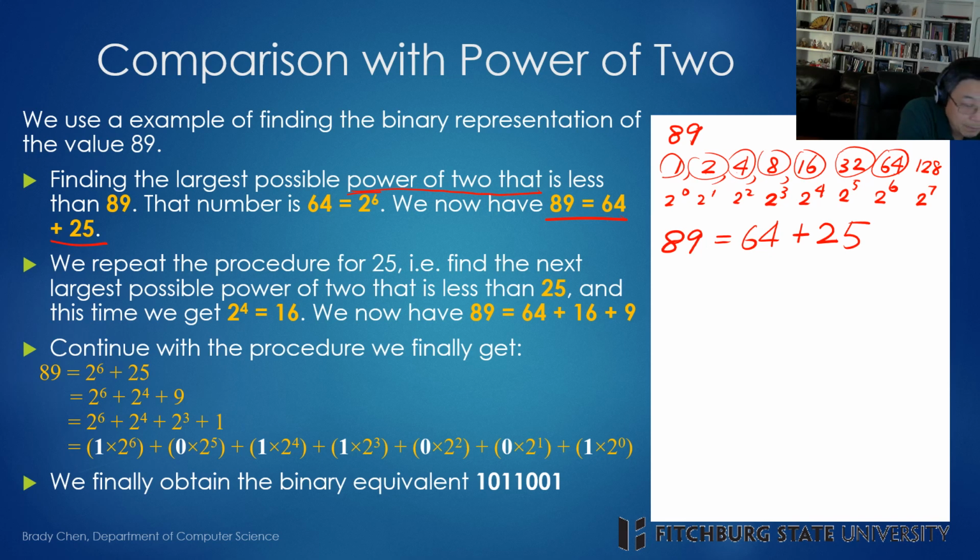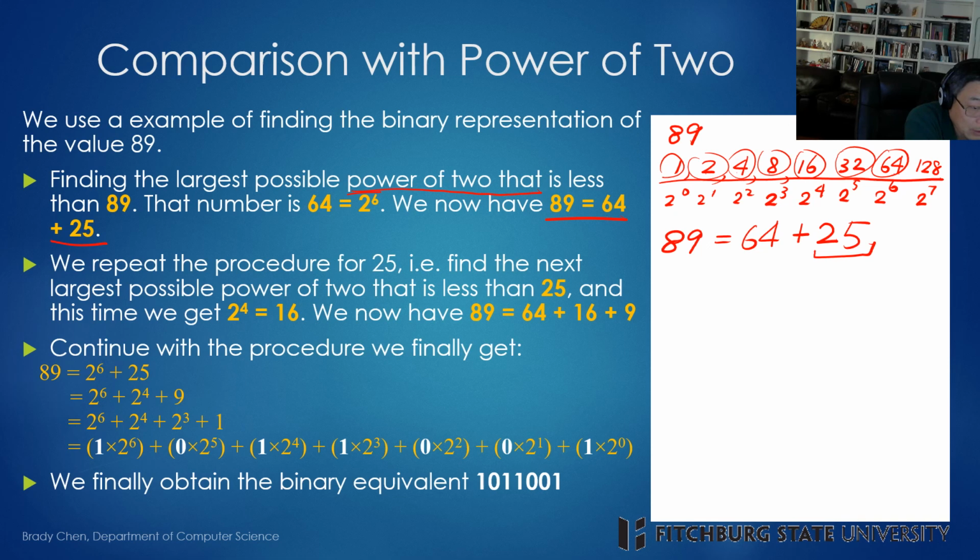And then we just repeat the same process for 25. So we're going to find the largest possible power of 2 that is less than 25. Okay, so what is this number? Just look at this top one.